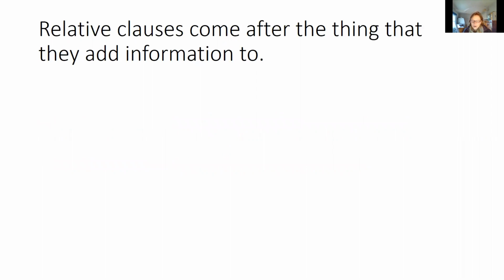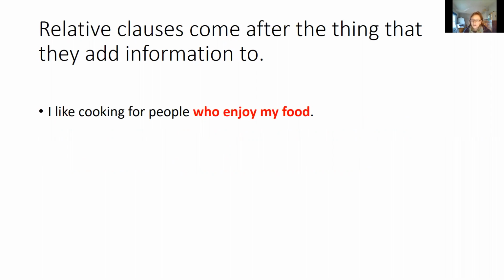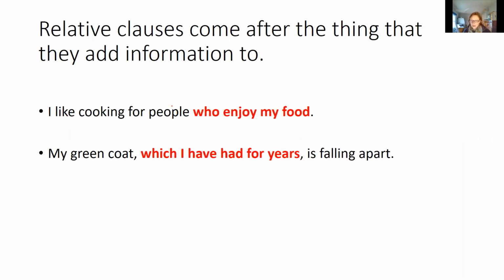Relative clauses always come immediately after the thing that they are adding information to, or the thing that they are qualifying. So here, I like cooking for people who enjoy my food. So here, we're talking about the people. My green coat, which I've had for years, is falling apart.